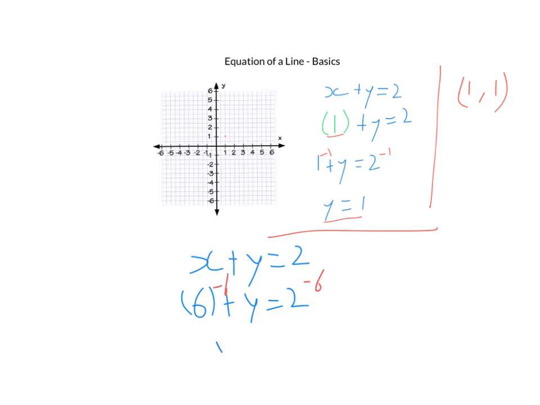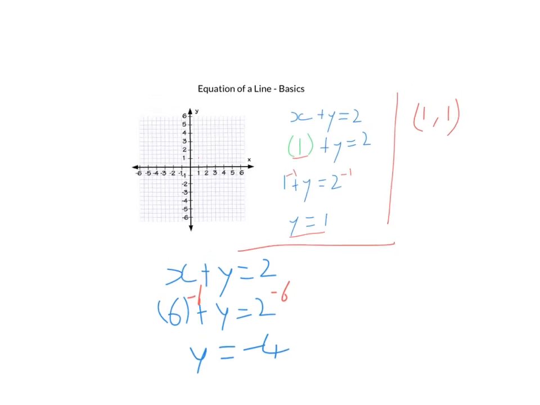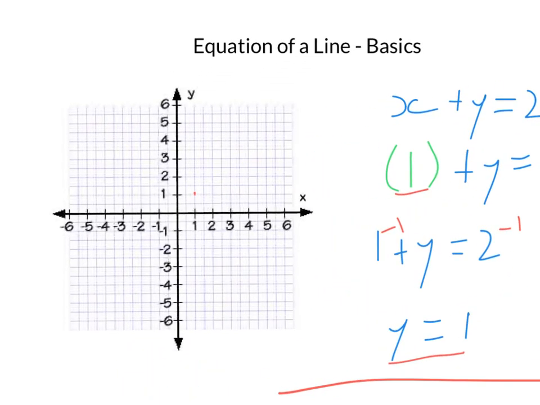This will leave us just with y on the left hand side and minus 4 on the right hand side. So our coordinate for that point will be 6 for x and minus 4 for y. So if we were to plot this point, we would come across 6 on the x-axis and down 4 on the y-axis.